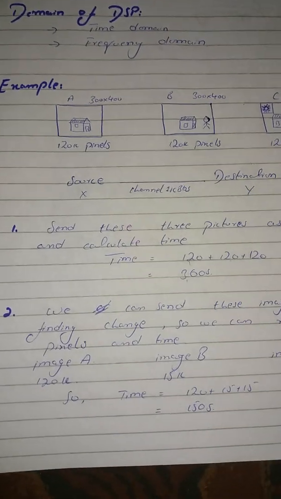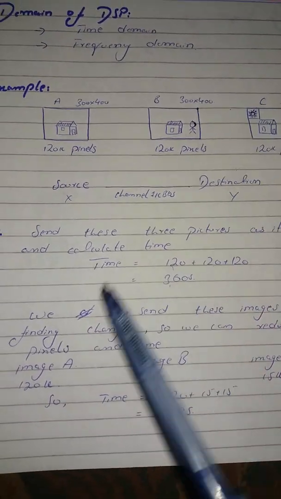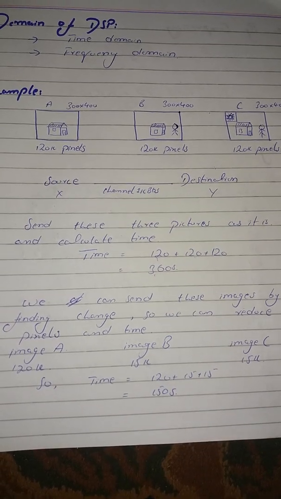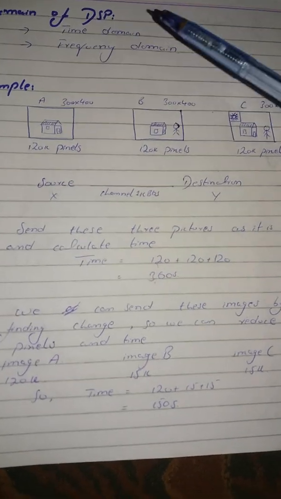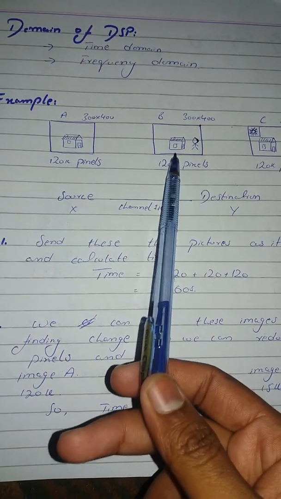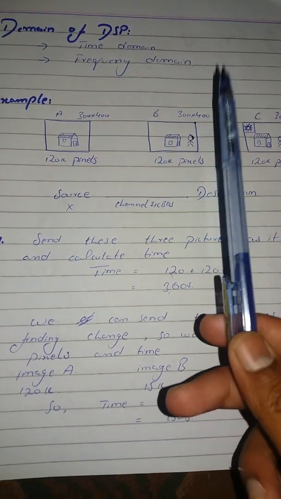So let's use another technique, where we send these images by finding changes, so we can reduce pixels and time. In the first image we have a house, and in the second image we also have a house, but there is a man's stick figure standing. That's the change.